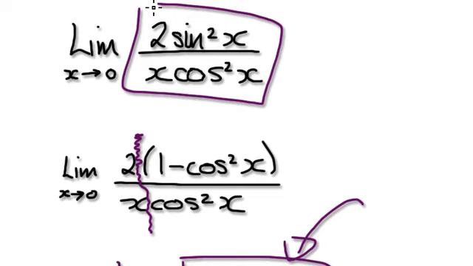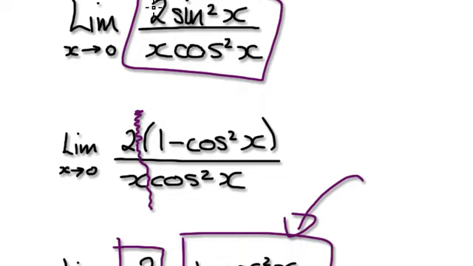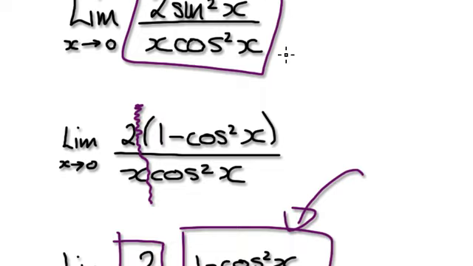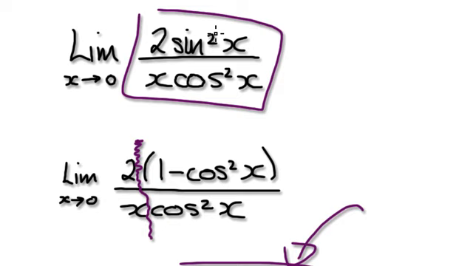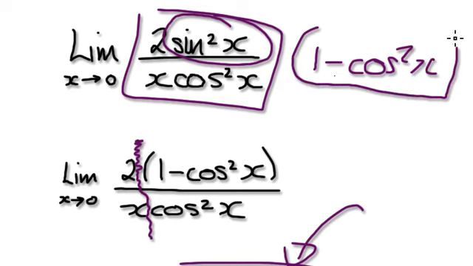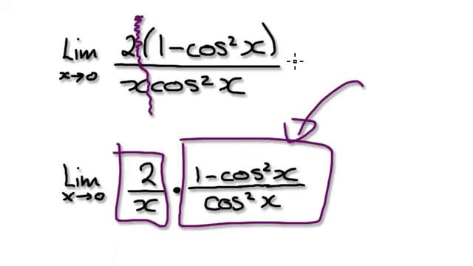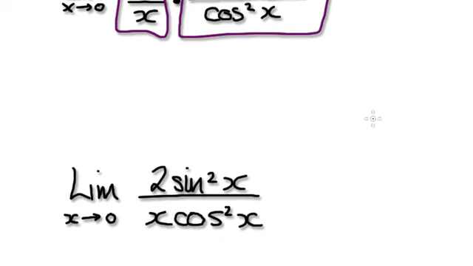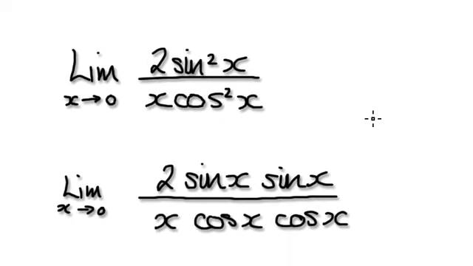You won't get it right the first time, so you have to play around with it. Sometimes you get it wrong, so you start again. In my case, I took the wrong route. I replaced this with 1 minus cos squared of x, which was not a good move because I got stuck at this stage, so I had to go back and have another go.